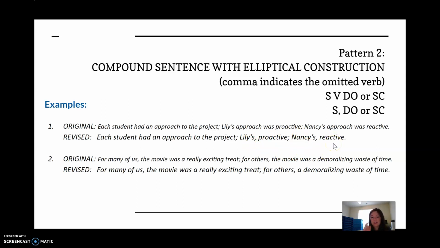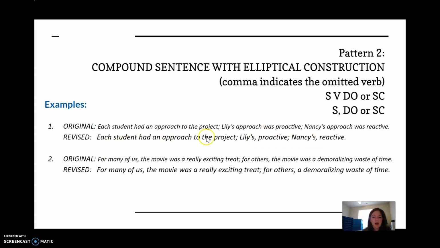And so what that does is it utilizes the first part of the sentence, the first clause, and it then allows for a level of assumption where you don't need to repeat the words, you just put a comma instead. Because approach has already been established as the direct object, it removes the direct object and just puts a comma instead.